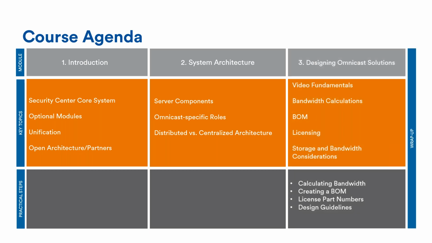And then we'll finish up with a section on designing Omnicast solutions, which includes talking about video fundamentals, calculating bandwidth and storage, creating bills of materials, Genetec licensing packages, and other storage and bandwidth considerations. We'll also go through creating a bill of material, and I'll talk in detail about our license part numbers. So let's get started.